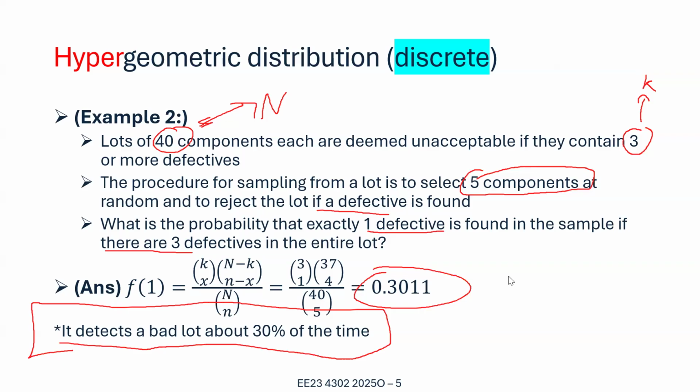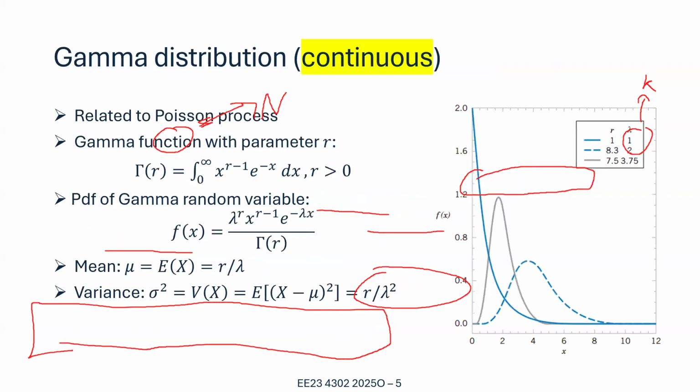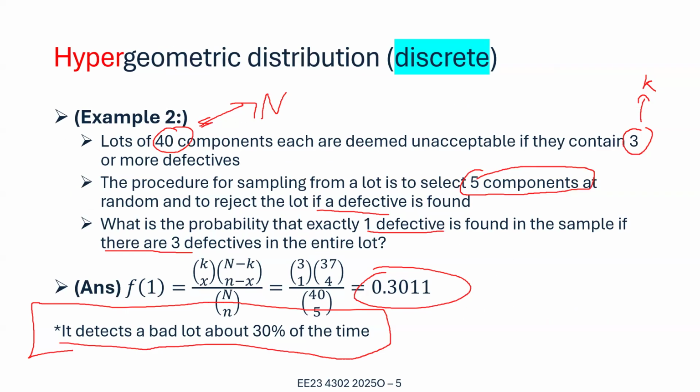It's actually quite a high probability relative to the number of components, the number of defects, and also the number of blocks that we take. All right, so the next distribution here is the gamma distribution.